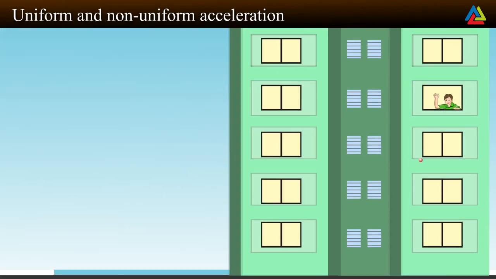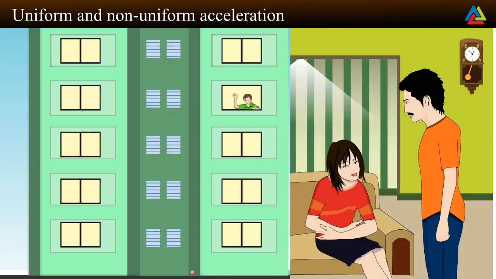An object travels in a straight line and its velocity increases or decreases by equal amounts in equal intervals of time. Then the acceleration of the object is said to be uniform. The motion of a freely falling body is an example of uniformly accelerated motion.